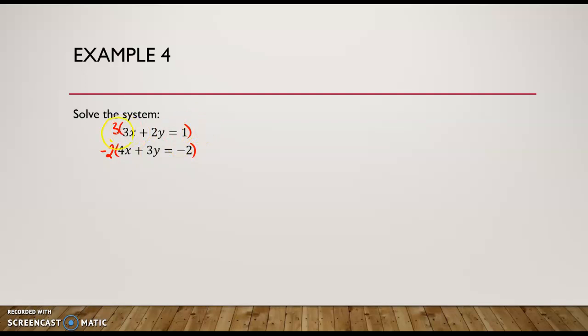All right, so 3 times 3 is 9x. 3 times 2, sorry, that's the cat. 3 times 2 is 6y, and 3 times 1 is 3. Negative 2 times 4 is negative 8x. Negative 2 times 3 is a negative 6y, and negative 2 times a negative 2 gives us a positive 4.